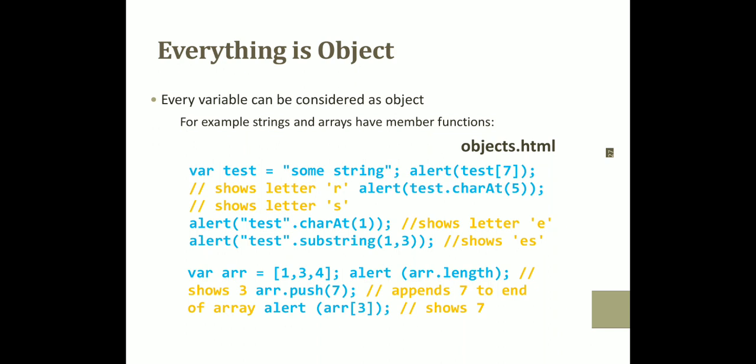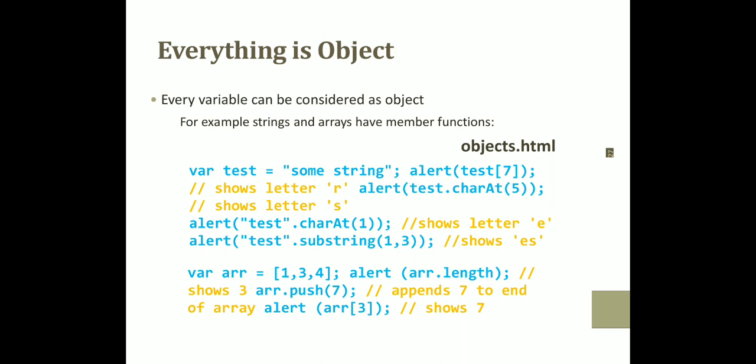Then alert in double quotes, test dot char at of 1, will show the letter E. Then alert test dot substring 1 comma 3 will show E. So accordingly the example is given.